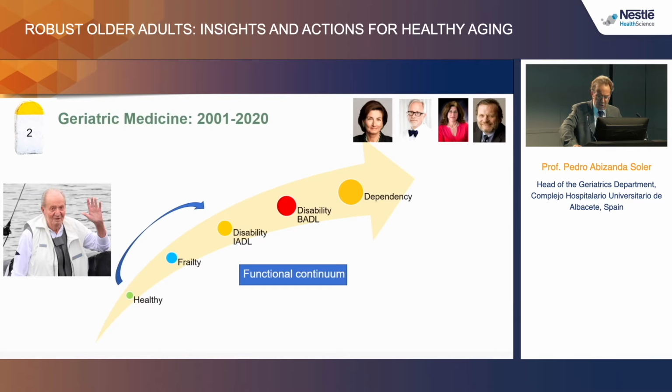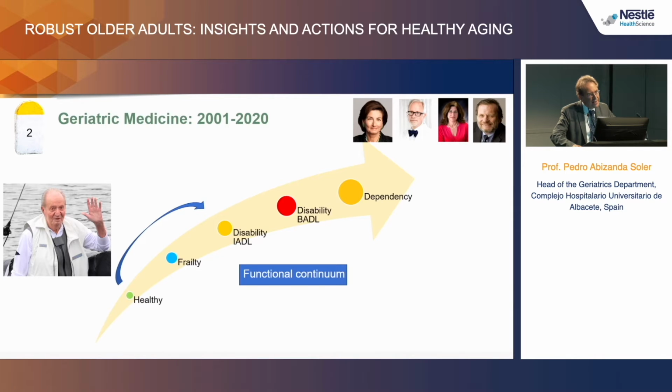Many other researchers like Kenneth Rockwood, Stephanie Studenski, or John Morley followed them and helped our past king to be a little bit less frail than he actually is. And all these researchers showed us that we could measure frailty with some scales like the Frailty Phenotype or the Clinical Frailty Scale, so there are so many.